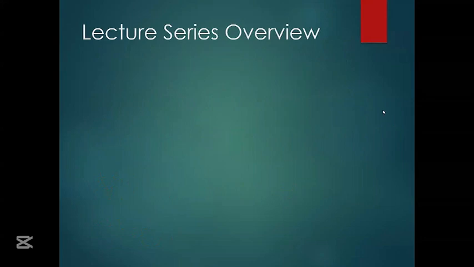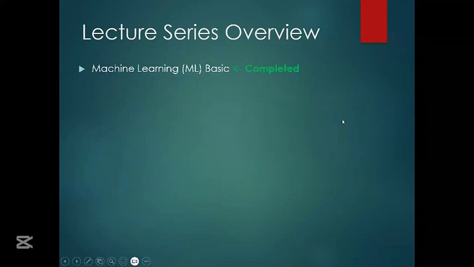So let's start our lecture series. If you look at my screen, in my lectures I basically try to cover some theoretical part plus a little bit of practical sessions, right? That is how I usually create my lectures.